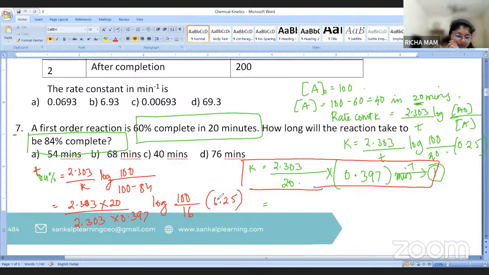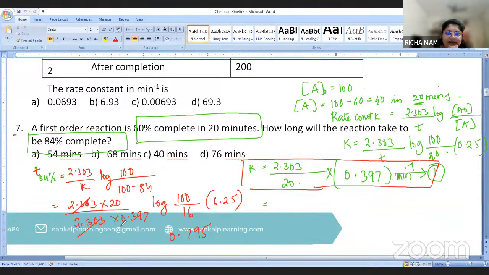Find out the log of 6.25. I've got log of 6.25 as 0.795.